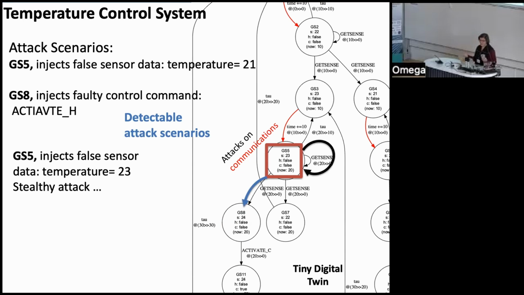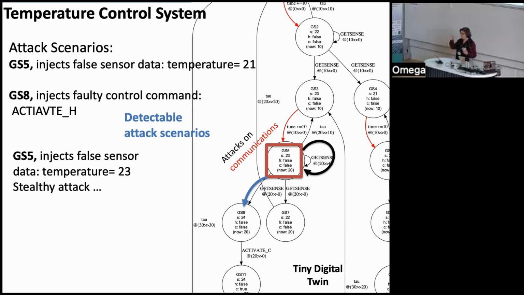But there are attacks, like stealthy attacks, that Alessandro was asking about, that we cannot detect. Like you are at temperature 23, and you get 23, but this is not true. Actually it's cold, but the sensor is telling you that it's 23. Then you need other rules. You need some meta rules. You need to know it's not likely that you stay at 23 degrees in October in Sweden.